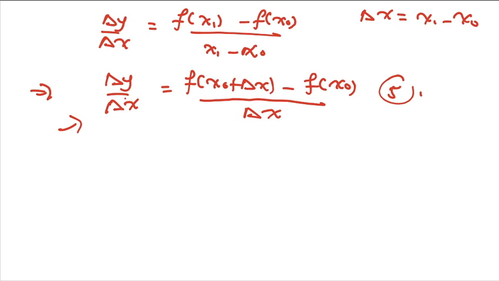It basically talks about if there is a change in x by 1 unit, change in x leads to change in y by how much? So this is the average change in y for every unit change in x, and we call it the difference quotient.